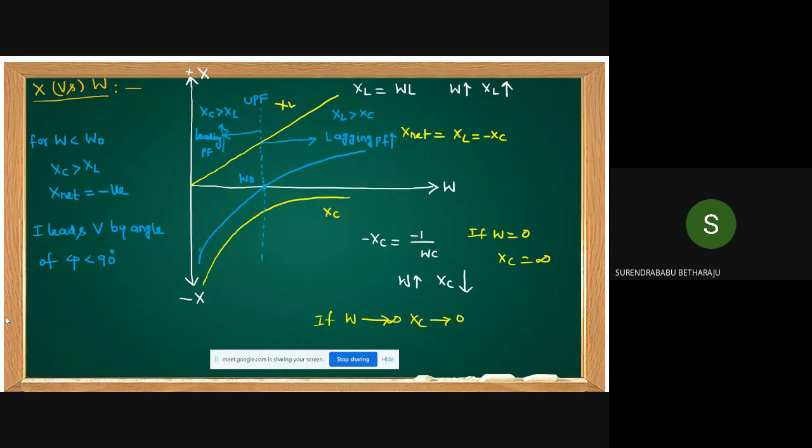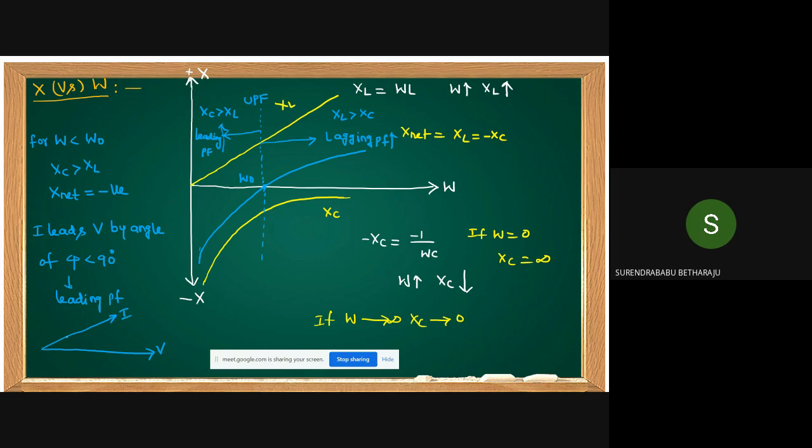There are both capacitive and inductive parts, but Xc is more dominant. Current leads the voltage, so it is operating at leading power factor. In phasor notation, this is V and this is I.